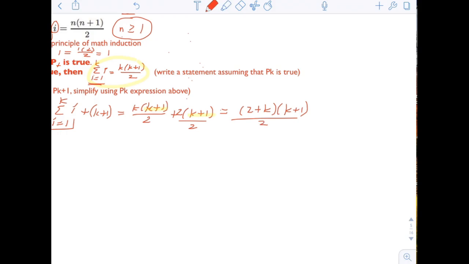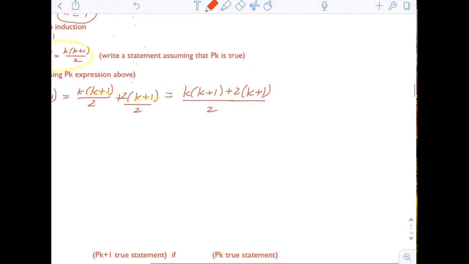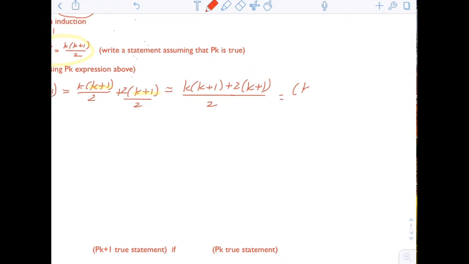And the bottom is going to be 2. I'm going to do that in 2 steps. Okay, so first what I'm going to do is I'm going to put everything over 2. And I'll have k times k plus 1, plus 2 times k plus 1. And now what I'm going to do is I'm going to factor out k plus 1 from both. So I'll have k plus 1 factored out, and it'll be k plus 2 left over.